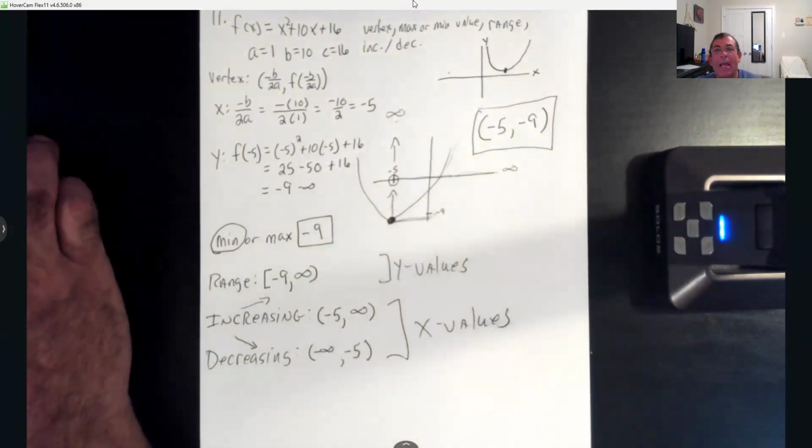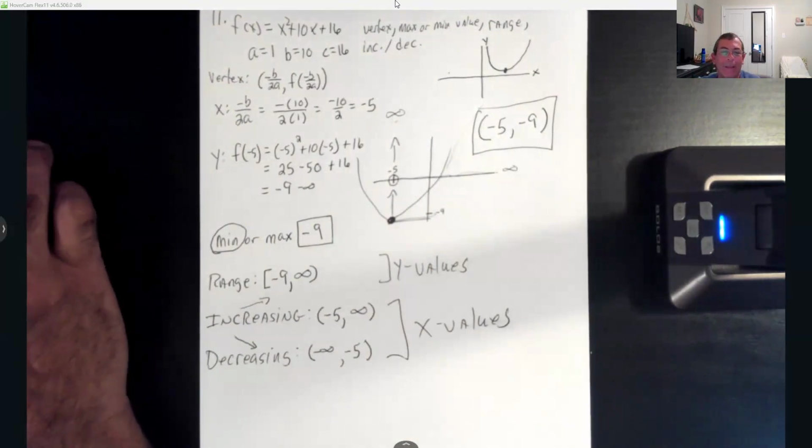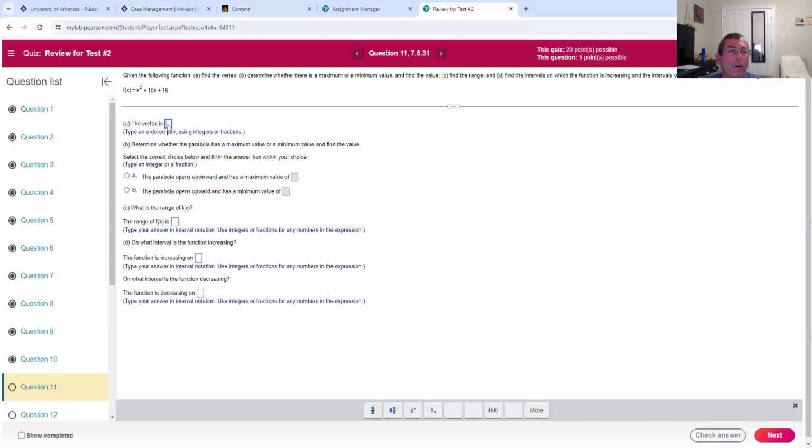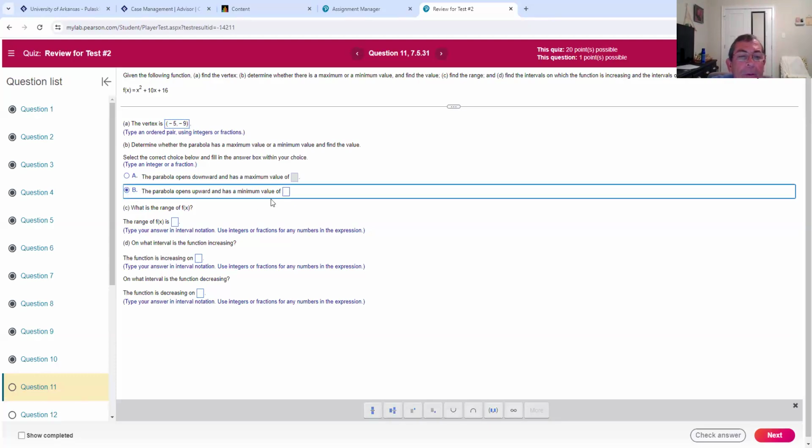All right, y'all. So let's put that in, because woo, that's a lot of stuff to put in on that one. So first we'd have to do the vertex, and it has to be like an ordered pair. So that would be my what? -5, comma, -9. Those parentheses. We said ours opened upward and had a minimum value of -9.